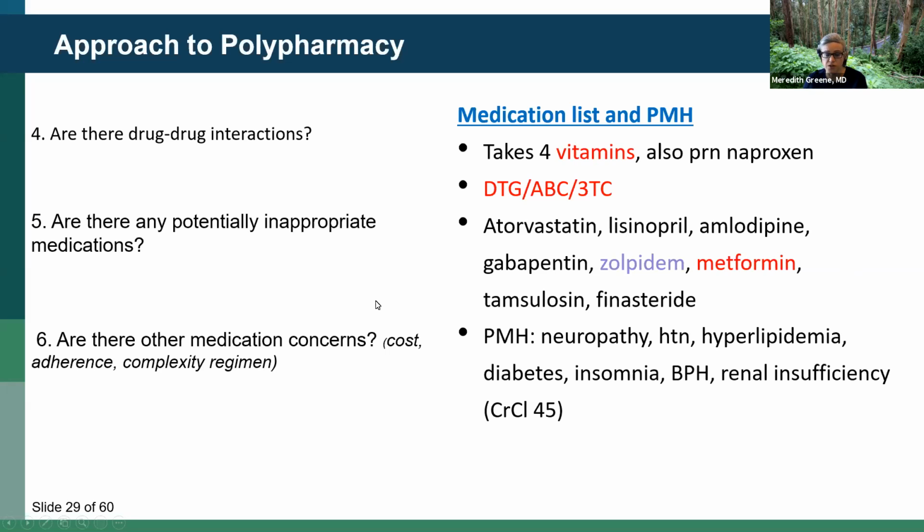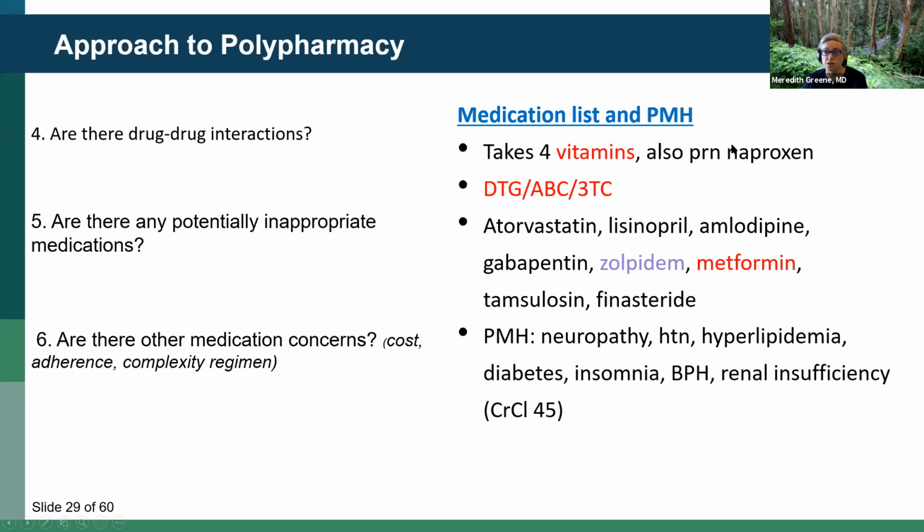And then are there other concerns? This might be co-payments. This might be struggling with adherence. Some medications might be 3 times a day. One's supposed to be on an empty stomach. One's supposed to be at night. Is it just getting too difficult to manage? And in this case, we know he is talking about wanting to reduce the number of pills, or he's struggling with the number of pills. So this is a good time to talk about this.